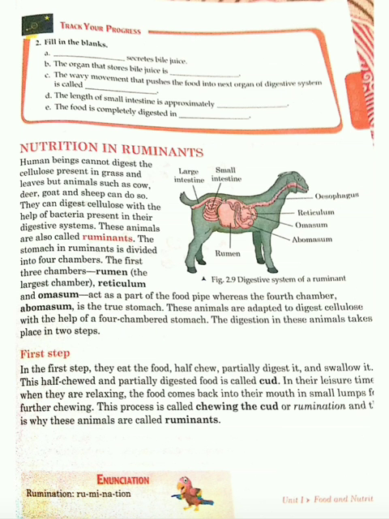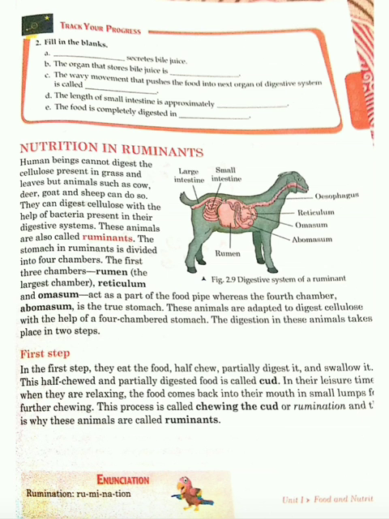As you all know, animals like cow, deer, goat, sheep, they all are herbivores. They digest cellulose. Cellulose means grass. The grass contains cellulose. So such types of animals are called ruminants.